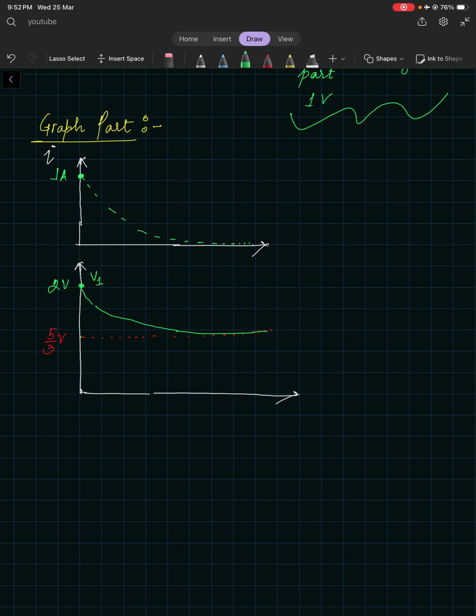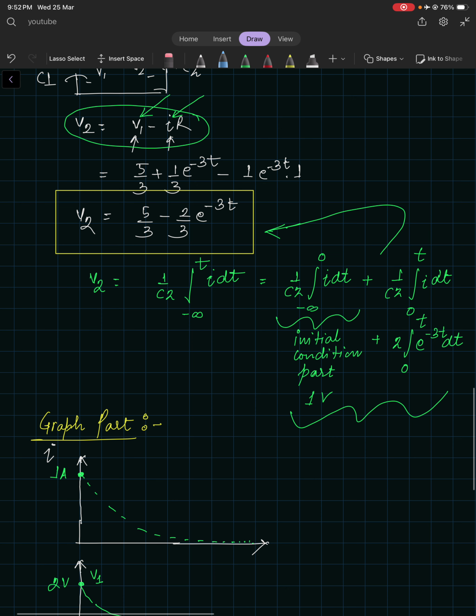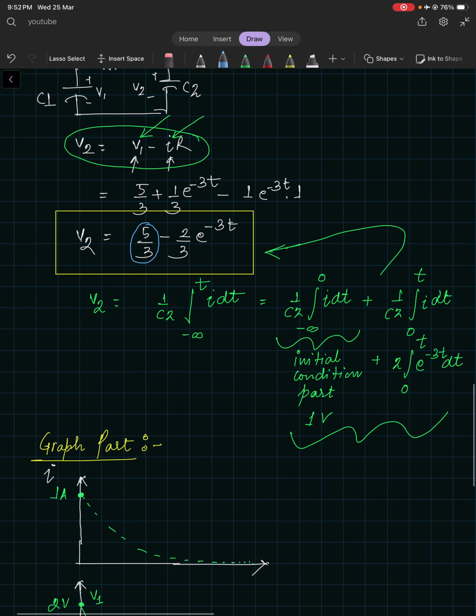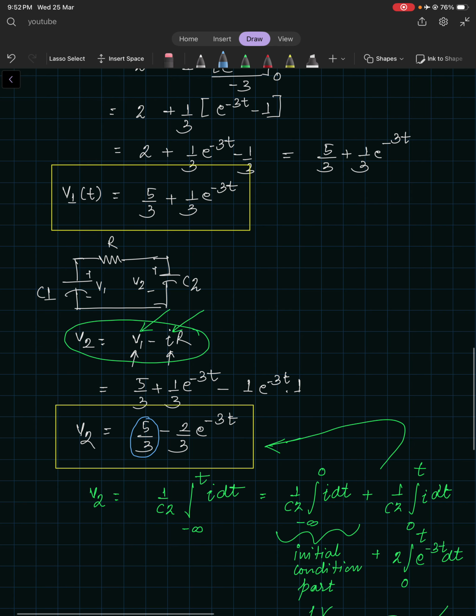Now let's take this blue color, for v2. V2 was starting from 1 volt. The initial condition was 1 volt, and again if you see, at infinity it is coming to 5 by 3. For v1 also, both are converging.